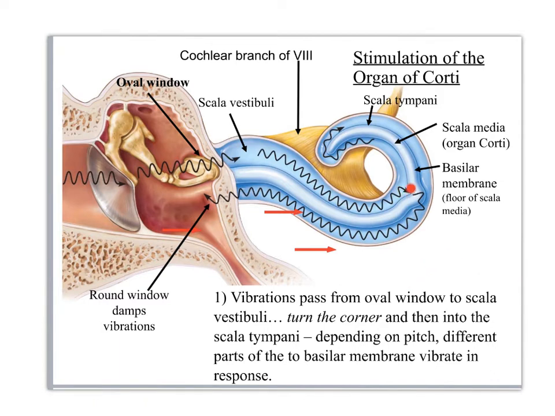So this one, the wavelength traveled to here. And that is where it triggered depolarization of the hair cell. Other ones might go further and go all the way around to here where it gets deadened at the round window. Okay, and that is what determines the pitch of the sound.